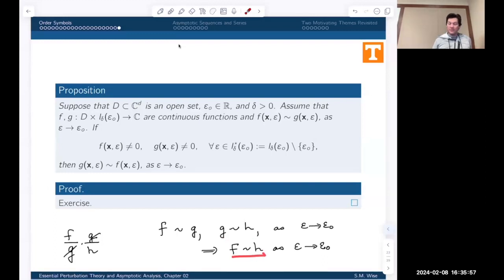That would give us the property of transitivity. And the answer is yes, because we can simply prove that this product of quotients has limit 1. It's pretty straightforward to do that.